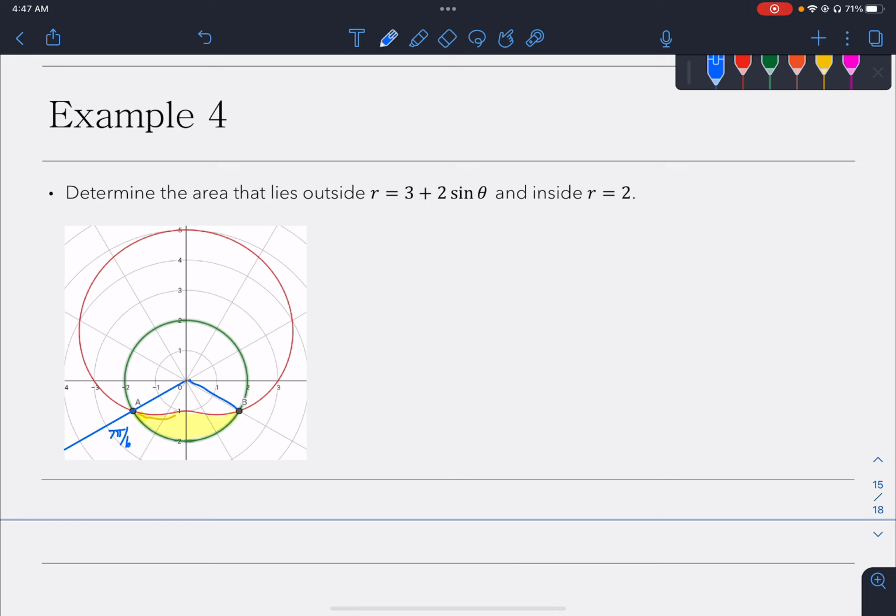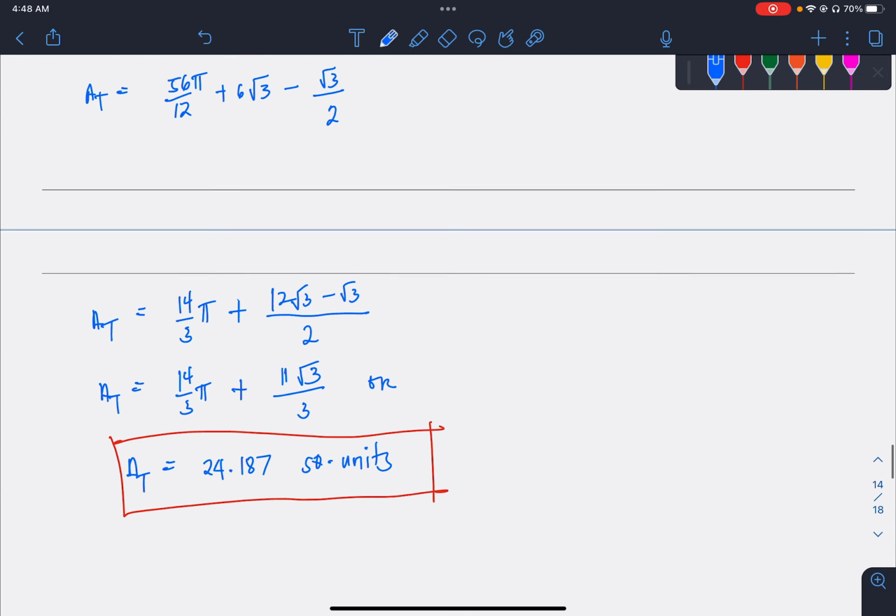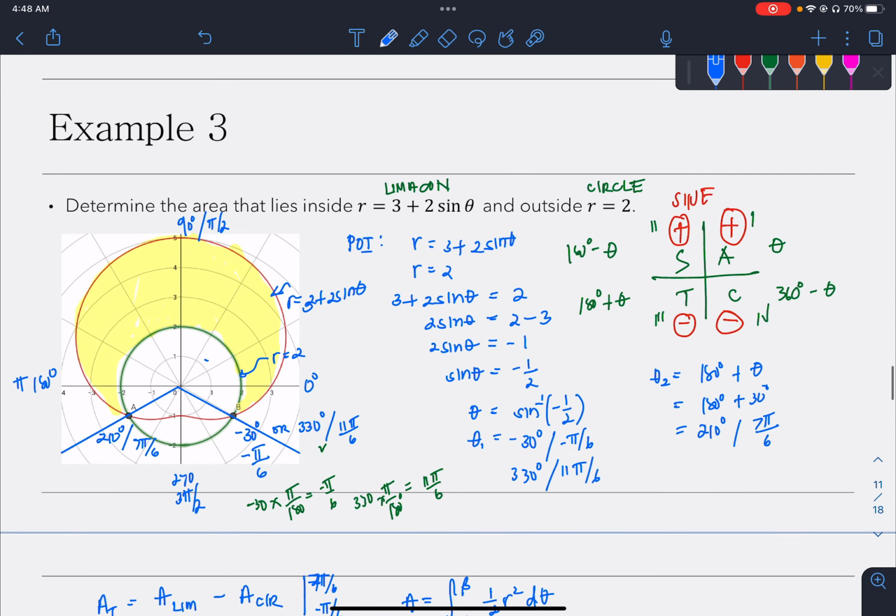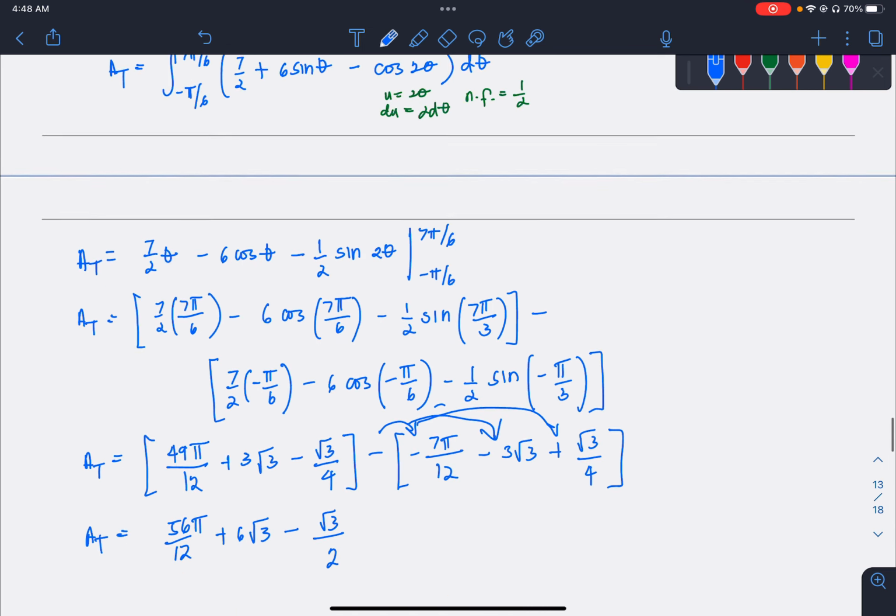And then, since the area that is involved here is the area below, meaning the area that I'm going to evaluate is from 7 pi all over 6, or 210, until here. So our lower limit would be 7 pi all over 6, and our upper limit will be 11 pi all over 6.